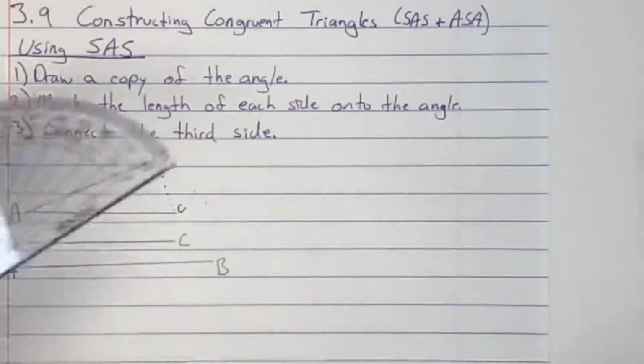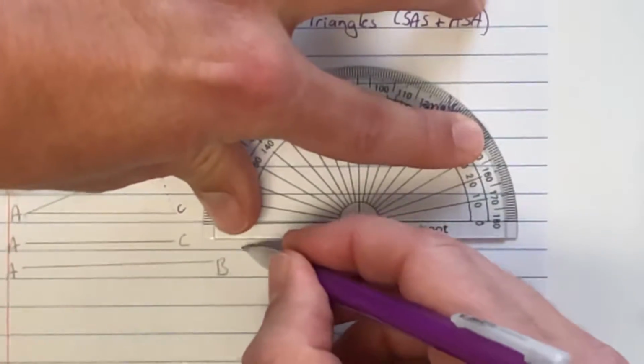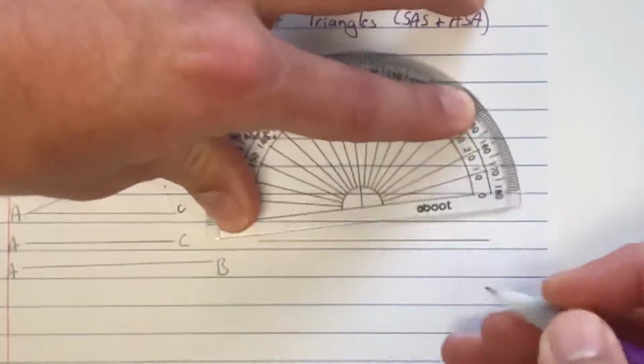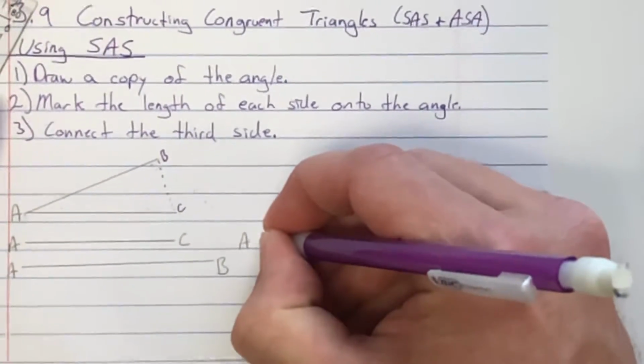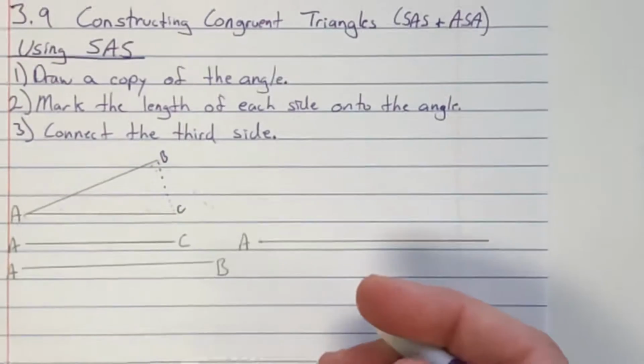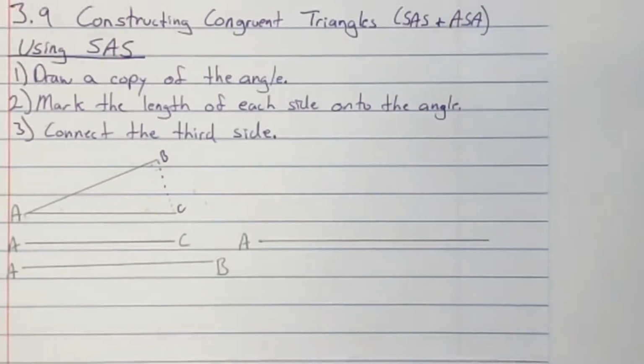So I'm going to start with a line. And I'm going to make angle A again from this point right here. In order to do so, you're going to copy the angle by putting the compass on the vertex of the given angle and swing an arc across both sides.